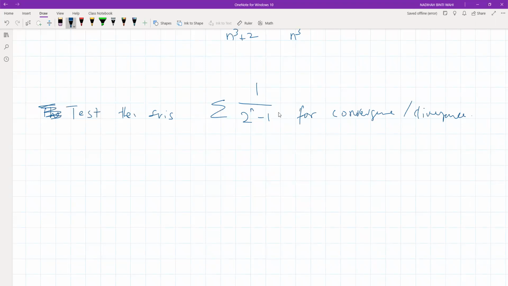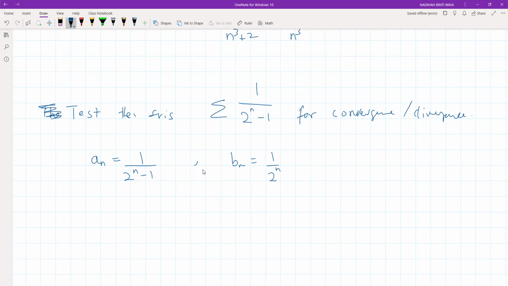Okay, let's see this one. If I divide into 2 parts, if I say an is the original series, which is 1 over 2 to the power of n minus 1, and then I say bn is 1 over 2 to the power of n. Okay.